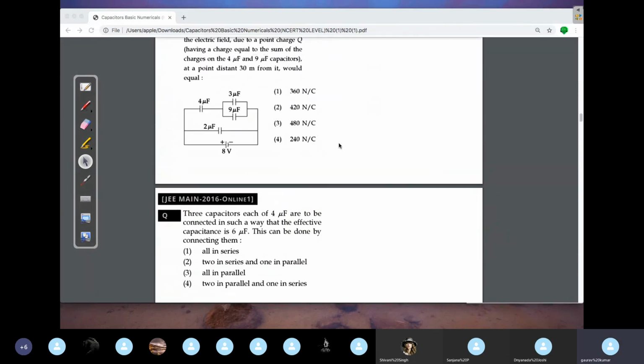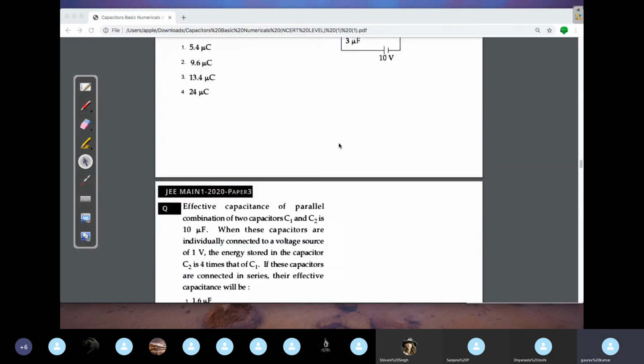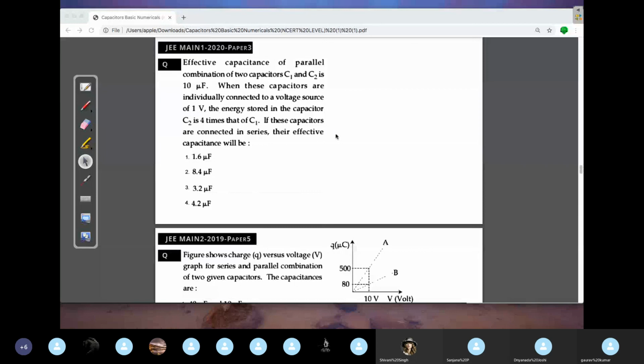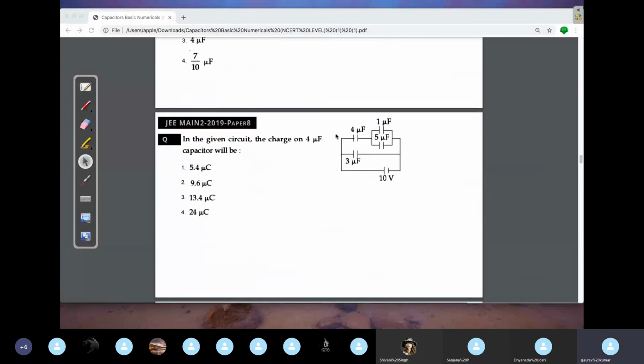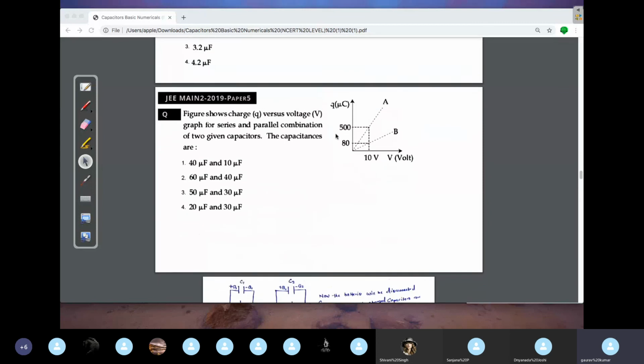Okay, now we'll solve some series parallel combination questions. Let's solve this basic question first, fast. A very, very easy, basic, elementary question. Please solve it fast.